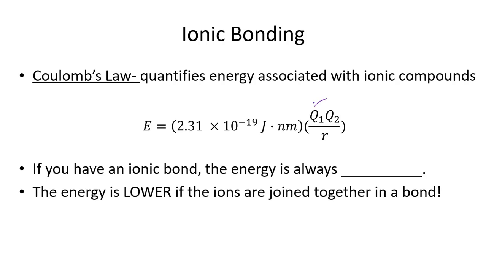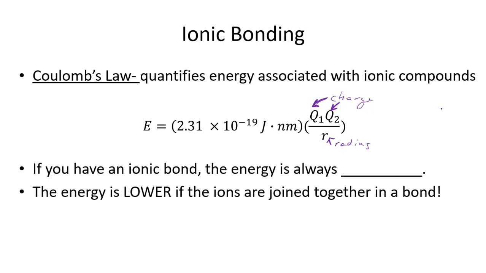Your Q's are your charges, so the charge on each individual ion is your Q. If one's a +1, then the charge is +1. If it's a -2, that kind of thing. And then your r is your radius. So if we know the charge and the radius of the individual ions that make up a bond, we can quantitate the energy associated with that bond.